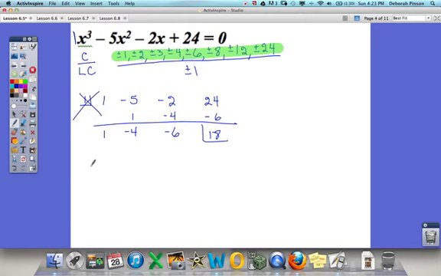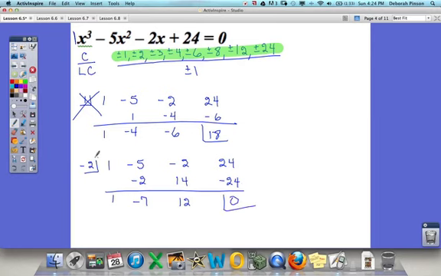Now, I'm not going to make you do this all day. I have cheated a little bit. I know that negative 2 works. I'm going to do the same thing, synthetic division. Okay, let's see what happens. Hopefully you know what happens. There we go. There's our remainder of 0. So negative 2 checks out as an answer.